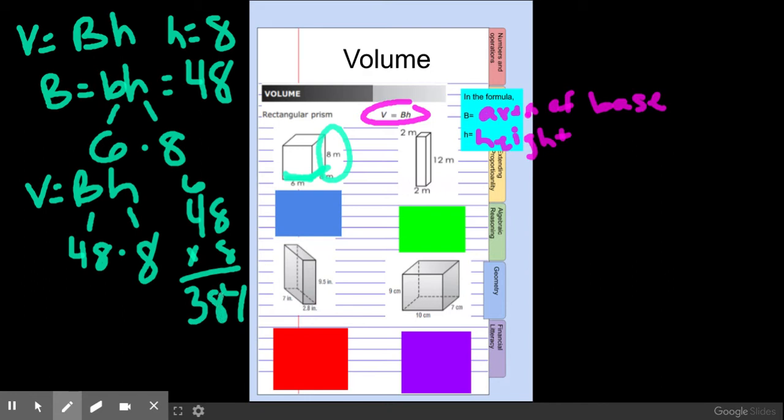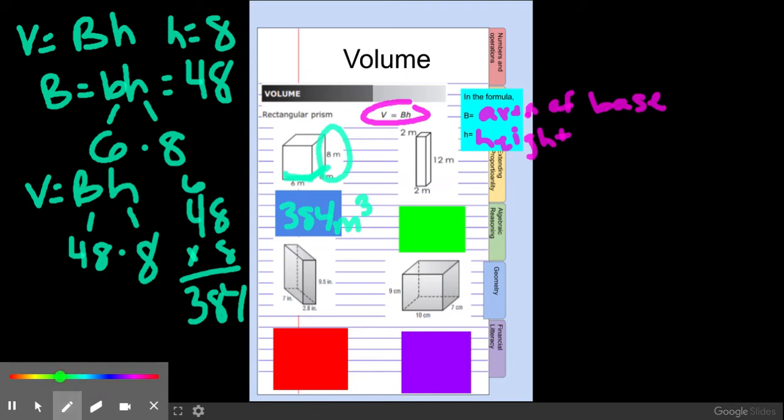So our volume is 384. We're going to say meters cubed this time. So it's a 3-dimensional figure, so we're going to say cubed instead of squared.